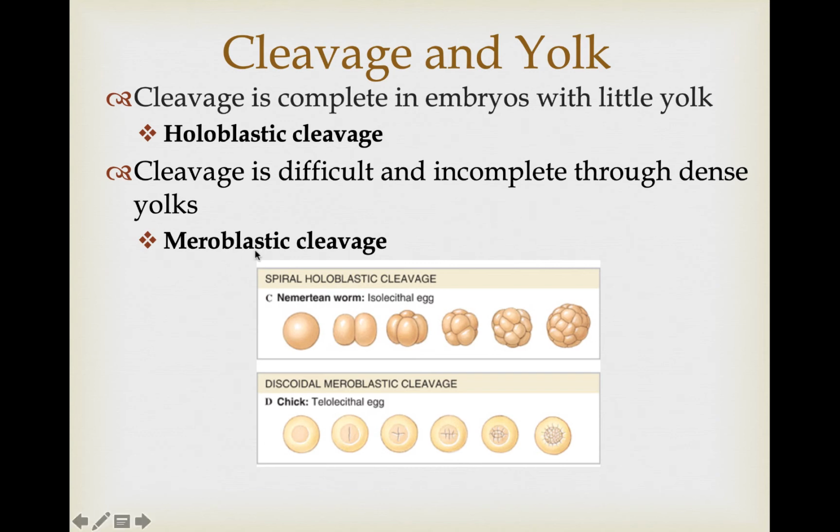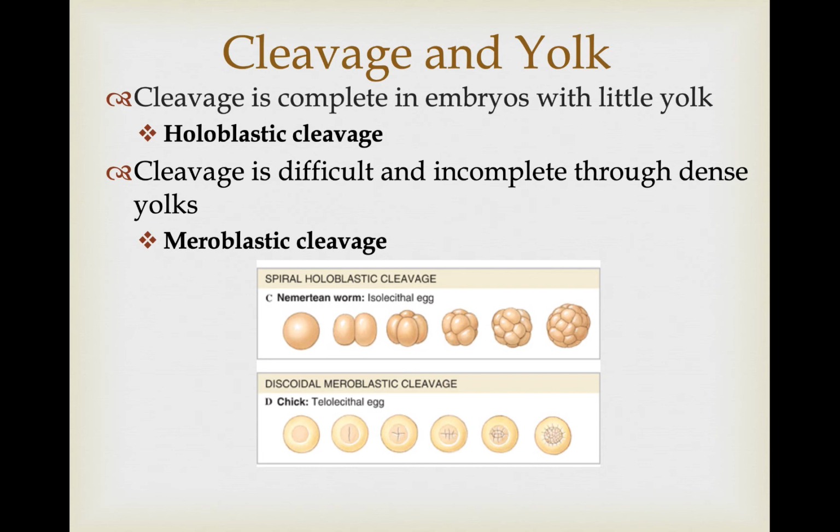So we tend to see what's called a meroblastic cleavage pattern in that case, where the cleavage really only occurs in the animal pole, and you have incomplete or absolutely no cellular division in the yolk itself. So that's going to be most typically associated with telolecithal eggs.